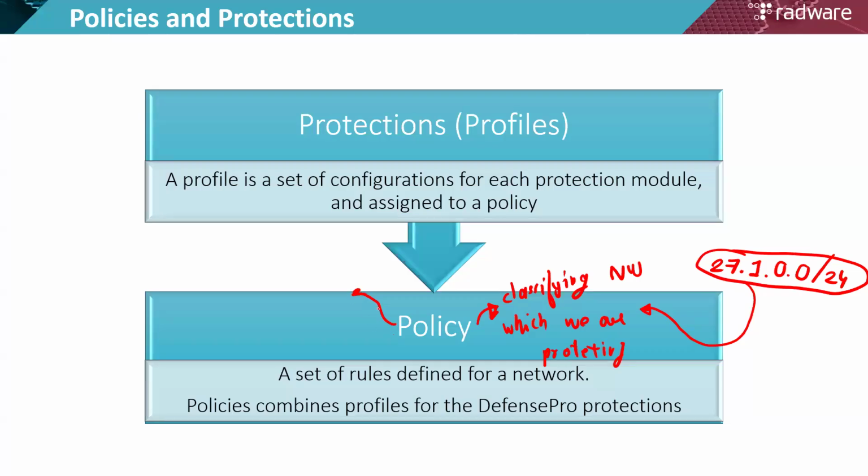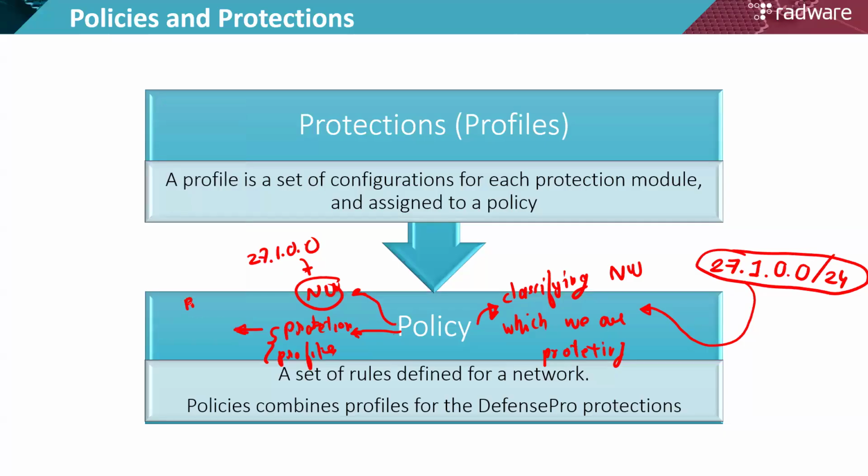Apart from that, first is the network part that we are protecting. Second is what all protection profiles will we be using in order to protect this network. The protection profiles are the protection modules which will help protect this particular network. Let's suppose this is the network that we are protecting, and in order to protect this network, what are the protection profiles that we will be using?